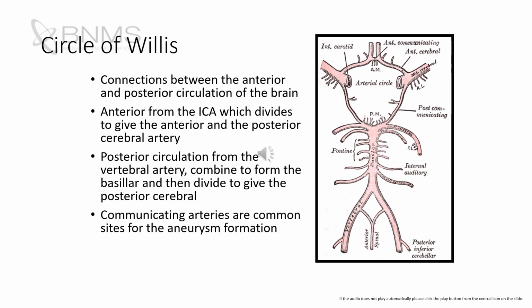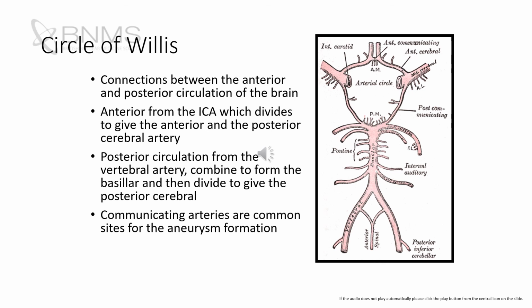The posterior circulation of the brain is derived from the right and left vertebral arteries that we shall see later. These combine to form the basilar artery, which ascends within the prepontine cistern and into the inferior aspect of the suprasellar cistern.